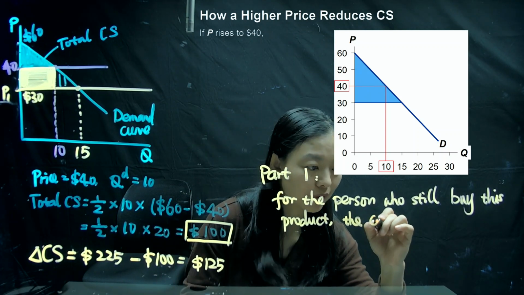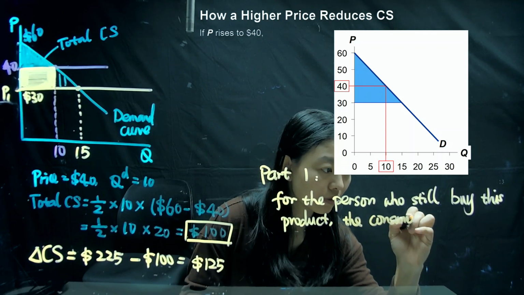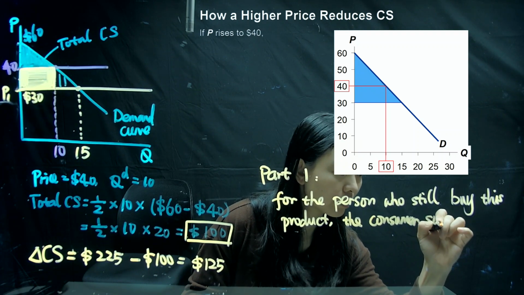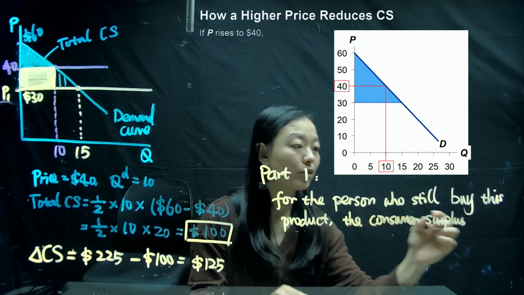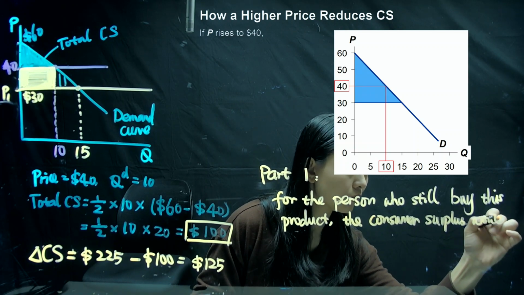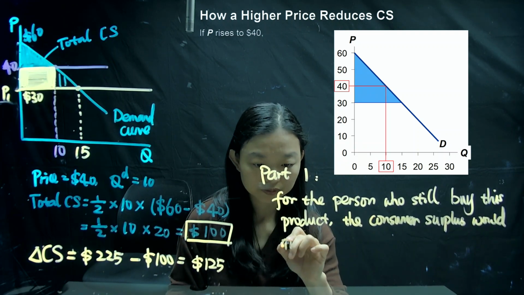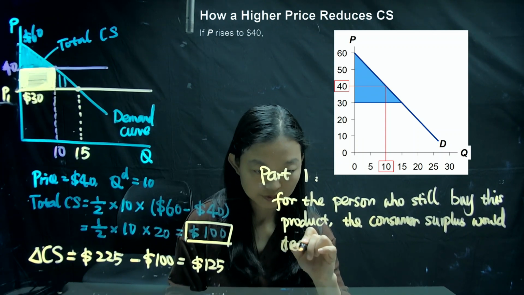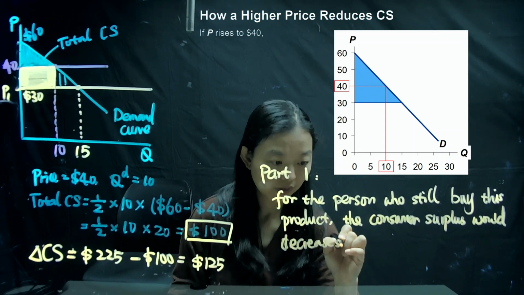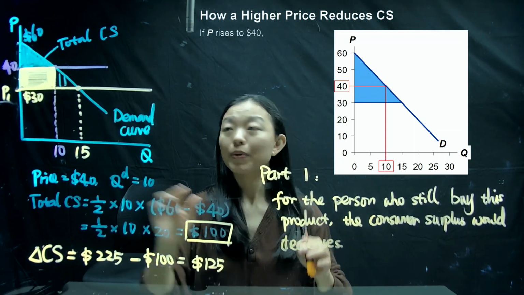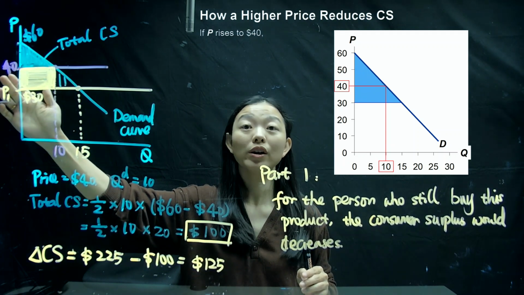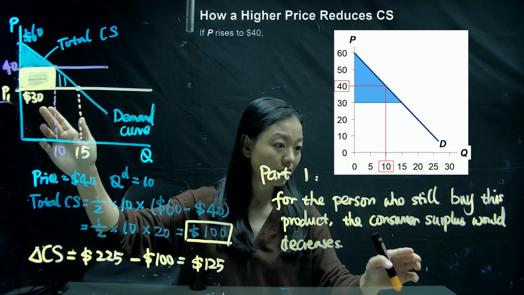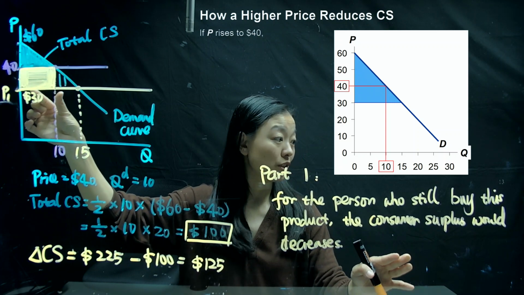The consumer surplus for the person who still buys this product would decrease. Make sense? For the person who still purchases this product, he needs to pay $40 rather than $30, right? So the consumer surplus would decrease.